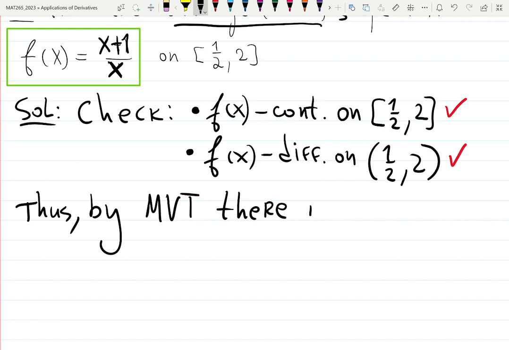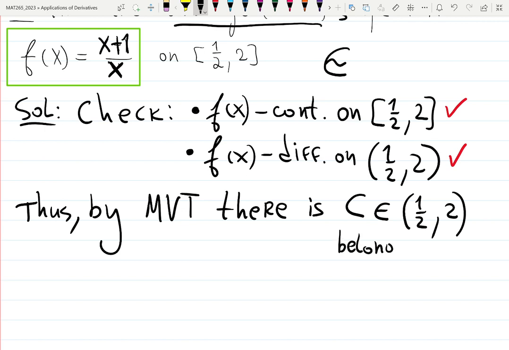It says there is a C that belongs to the open interval, not at the edges. Do you know what this little sign means? C with a tongue means belongs, or at, or from, belongs.